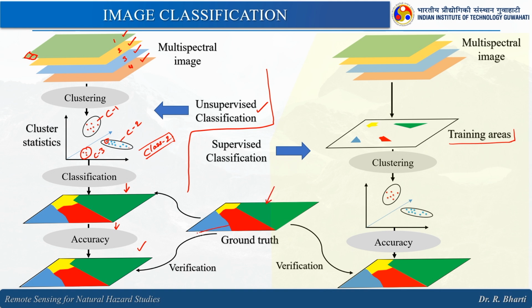The pixel information which is collected while doing the ground truth was used here for the accuracy assessment, but in supervised classification you will be providing it to train the algorithm, right. And this particular set of values, let us say this is forest, right. This will be overlapped here, and then it will extract the corresponding DN values of all the bands, make a cluster, and say this is forest, right. Similarly, for all other classes, a similar relationship will be developed between the field and the DN value or reflectance value.